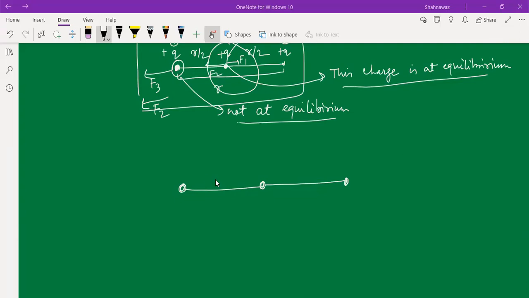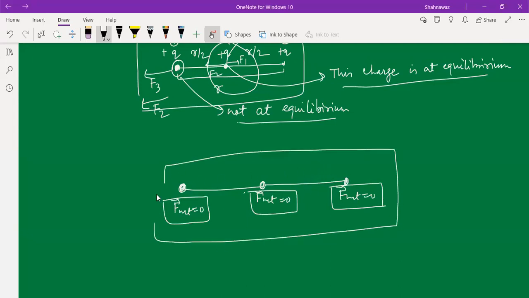So I was saying that for the system to be in equilibrium, the forces acting here, F net, is 0 at this point, F net is 0 at this point, and F net is equal to 0 at this point. If this criterion is fulfilled, then this system is said to be in equilibrium. Right? Did you understand this part, guys?